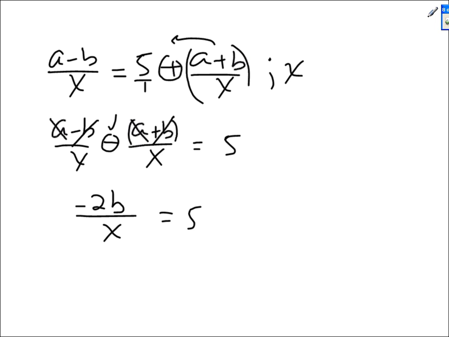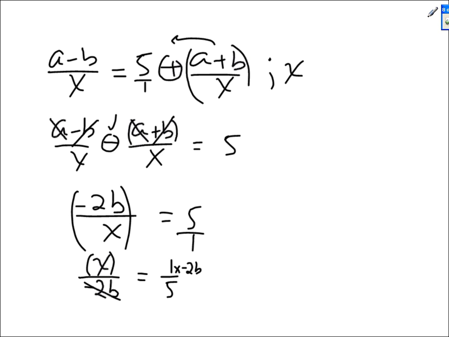And now, since I have one fraction equals another fraction, now I can take reciprocals. And I'll even put the negative on the bottom, because I really want x alone. This is 1/5. Cross this out and put it in the top. And 1 times negative 2b is negative 2b over 5.